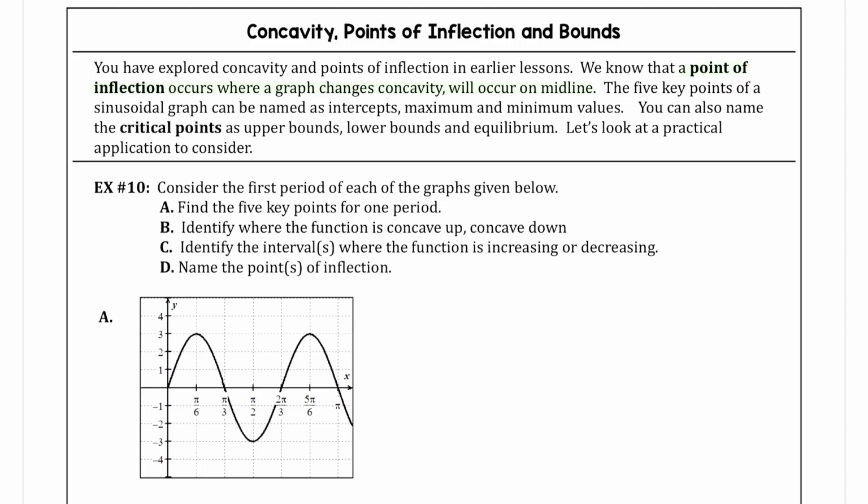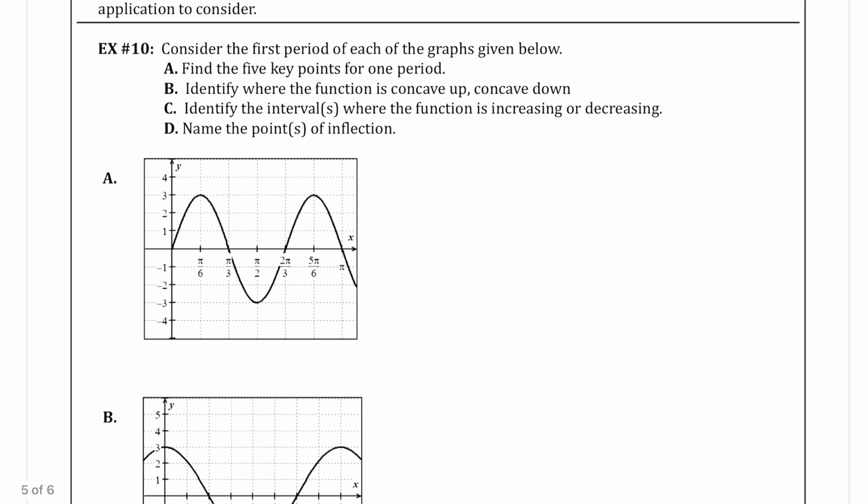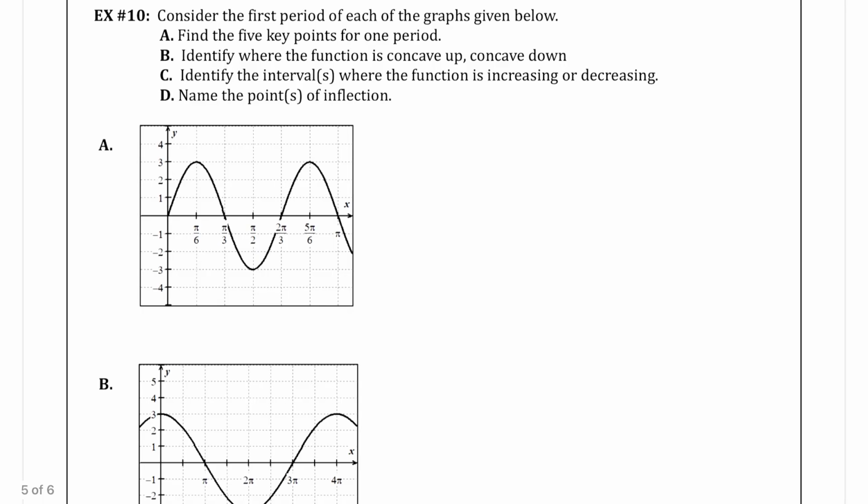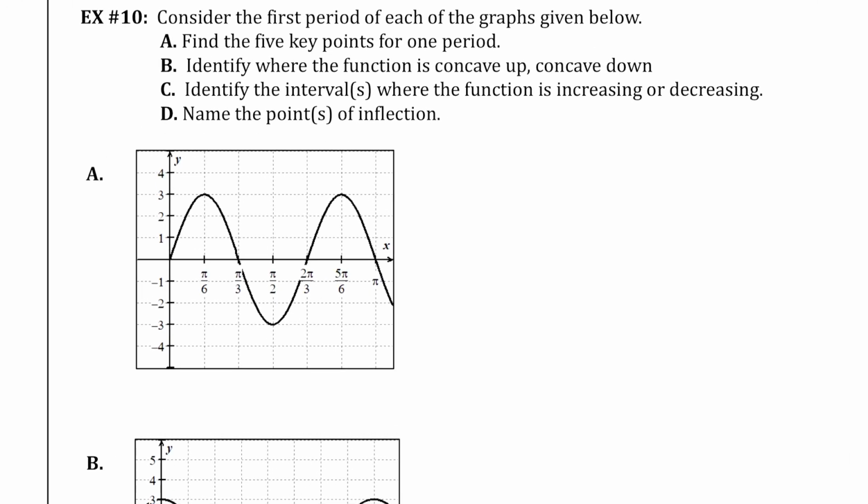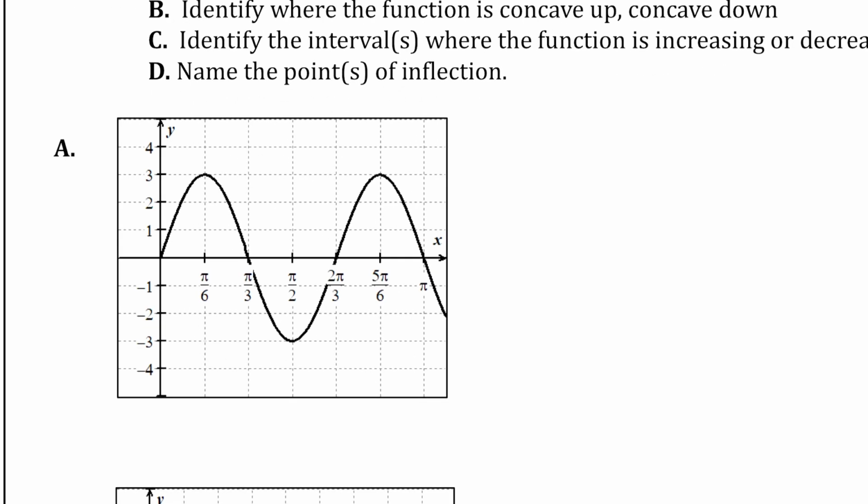So using this little paragraph above and just our previous knowledge, let's go ahead and do example A. So find the 5 key points for one period, just one period. This graph starts at an intercept. So this is a sine graph here. So our key points, I'm going to do it in green. We have one there, there, there, and there, and it ends at an intercept.